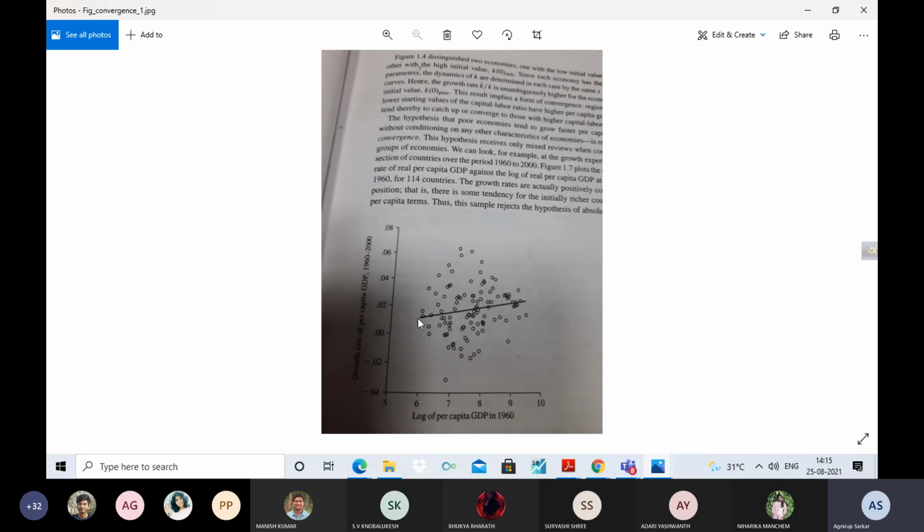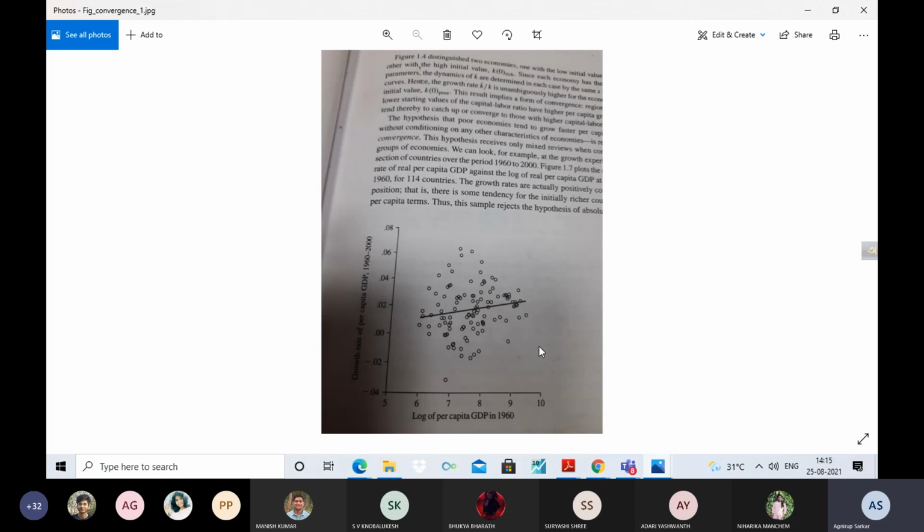So these plots refer to the average annual growth rate of real per capita GDP against the log of real per capita GDP at the start of the period, which is 1960. And we are looking at 114 countries, which is a lot of countries.